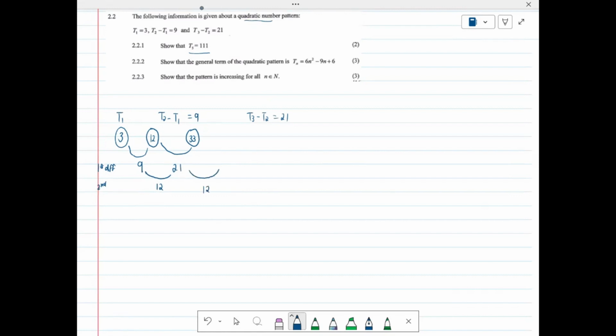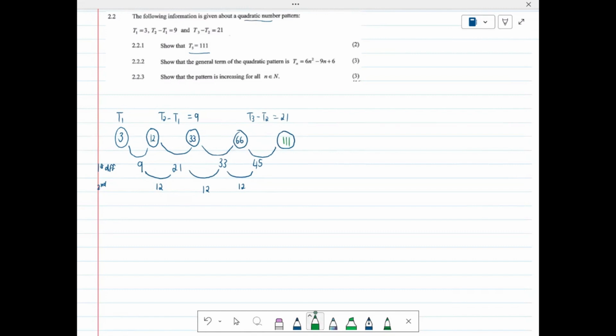So the next first difference is 33, which we can add to get our fourth term. So 33 plus 33 is 66. And repeating that, adding the second difference to our first difference, we get the next first difference, which is 45. And then adding 45 to 66, we get our fifth term, which is 111.